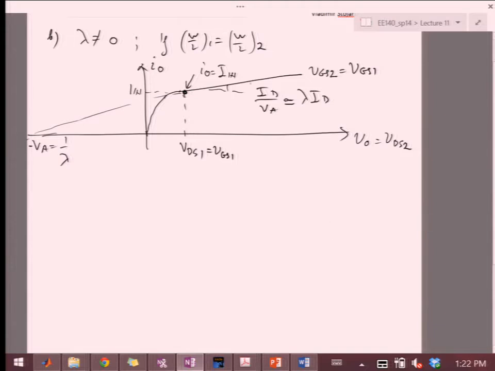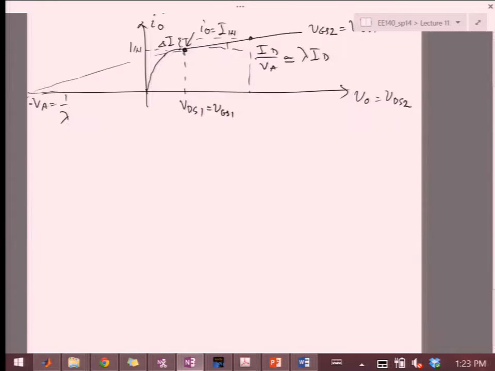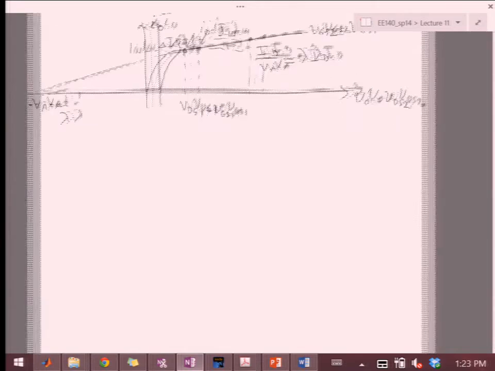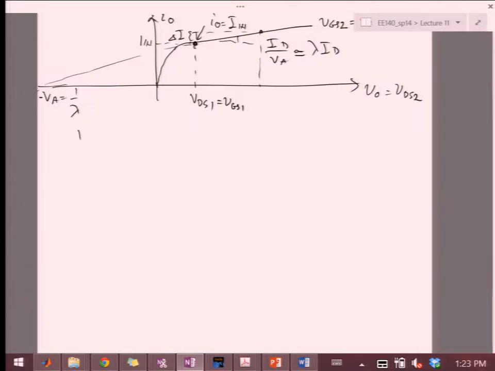So if I am somewhere over here, then the delta between the two will be delta I, and this will be the true I out over at this point over here. So let's take a look at how to quantify that a little bit more.